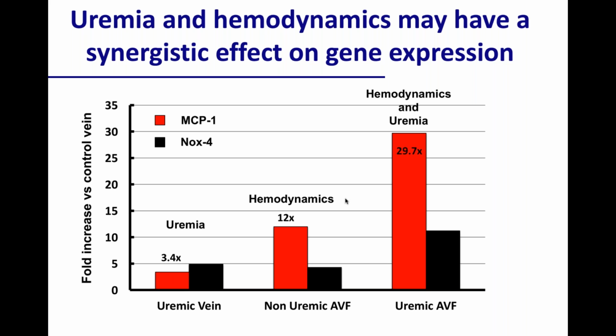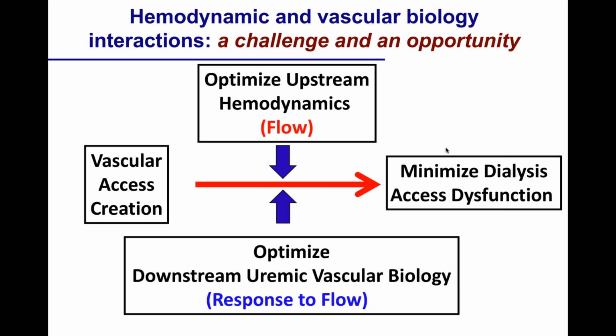But, and this is the key result, if you take a uremic mouse and create an arteriovenous fistula, you get up to a 30-fold increase in the gene expression of MCP1. And we believe, of course, that this is as a result of both hemodynamics and uremia together. So how does one put all of this together?